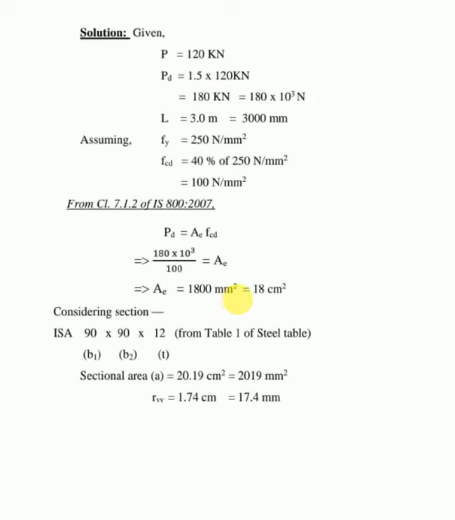If we convert it to centimeter square, it will be 18 centimeter square. Now we will consider a section from the steel table such that the area of that section is greater than this 18. So we have to go to the steel table and see the single angle strut table. So just go to table 1 of the steel table.